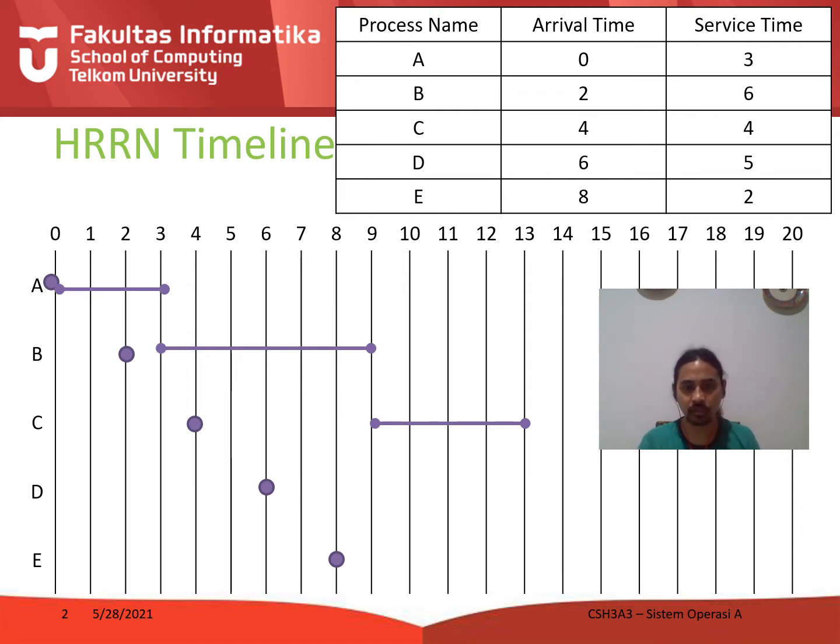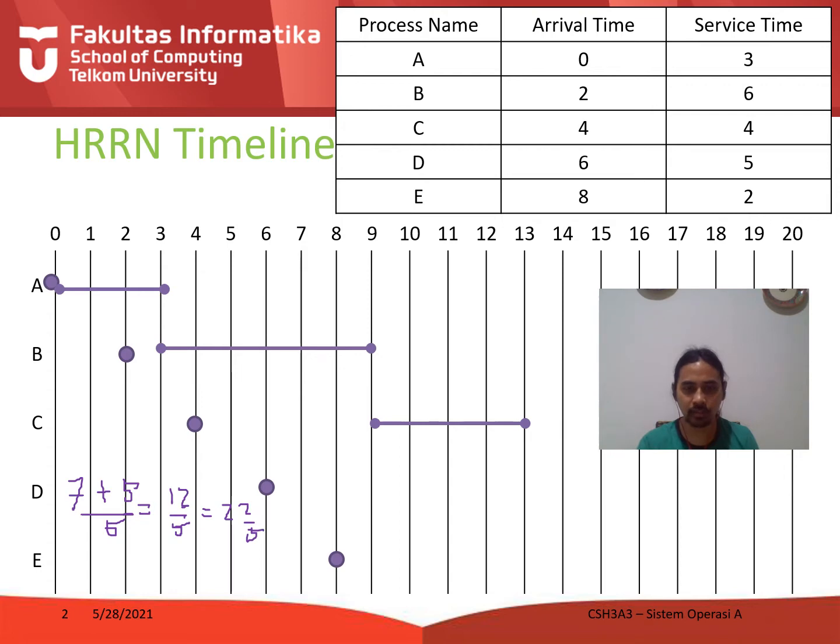Here D has waited from 6 to 13, meaning that it has waited for 7 seconds, and the processing time is 5, so this is 12 divided by 5, which is 2 and 2 over 5.